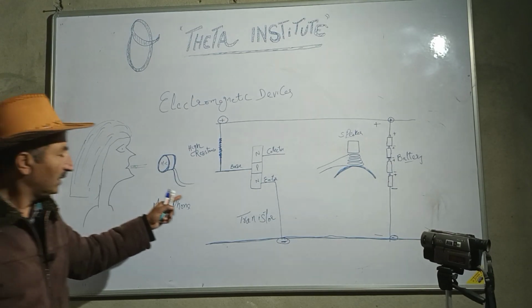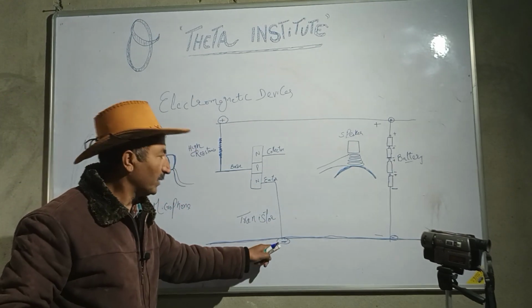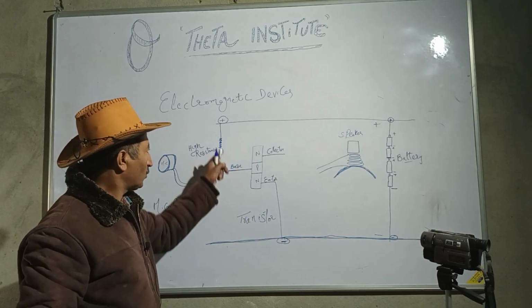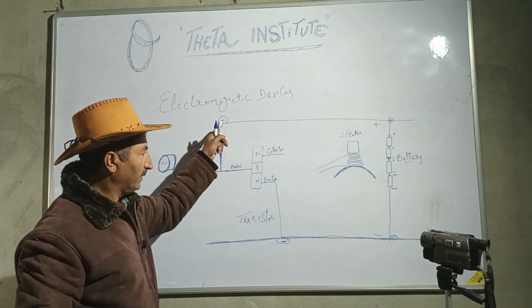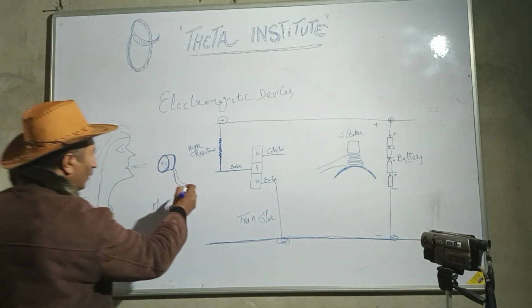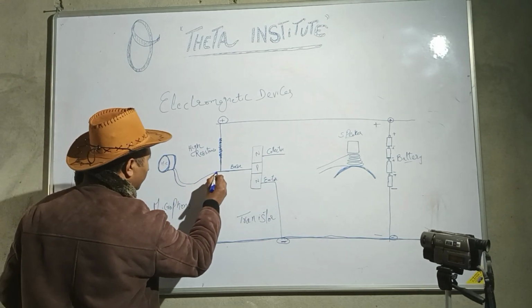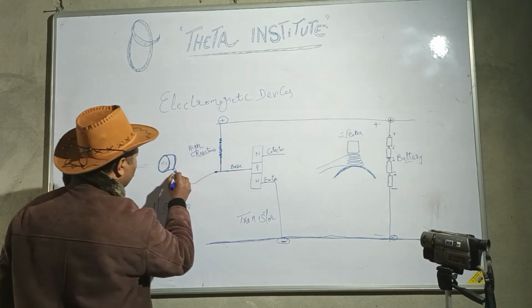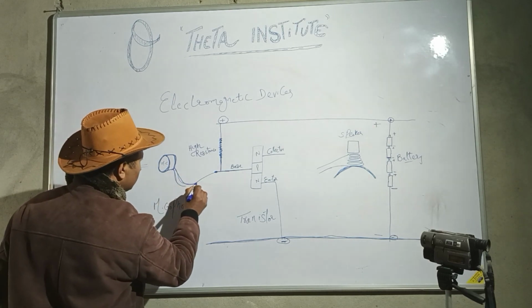So emitter directly to negative, base through a high resistance to positive, and in addition, what? This microphone directly to this base. Microphone one end directly to this base.